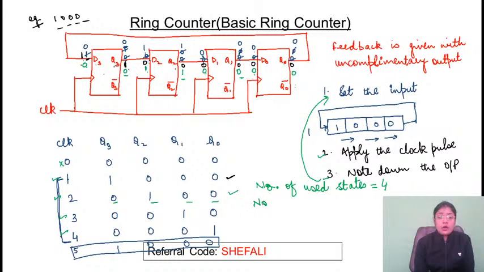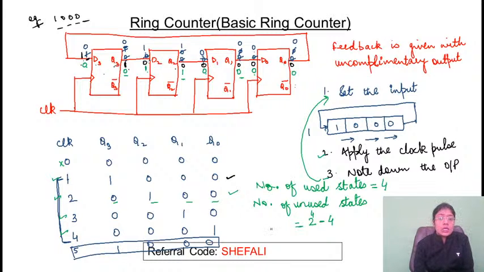So number of unused states will be equal to what? Total number of states with 4 flip-flops, 2 raised to power 4 states are possible, minus 4. So these are the number of unused states.